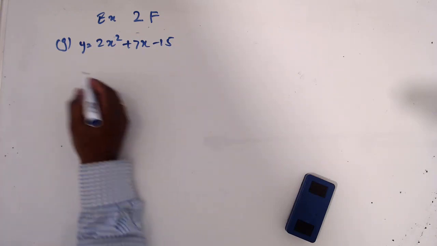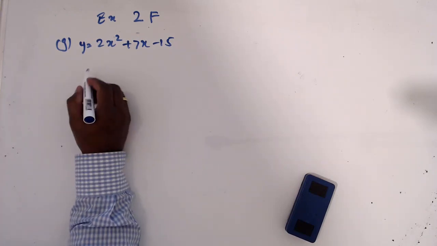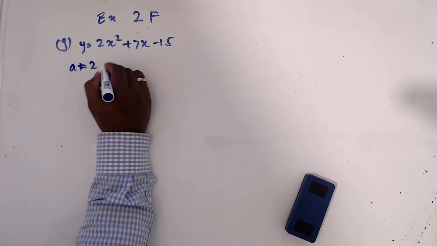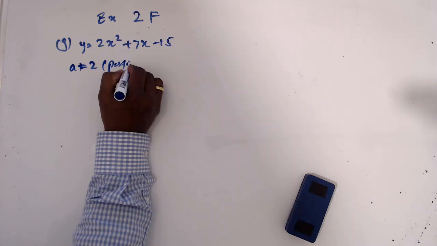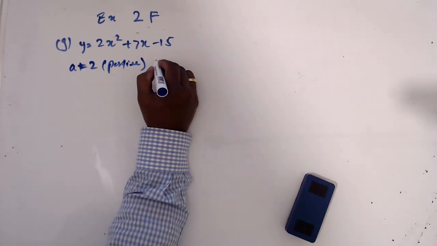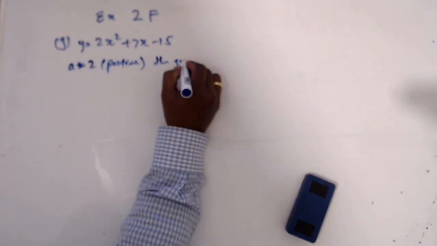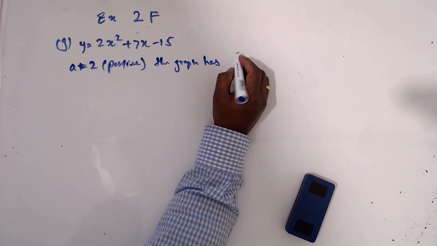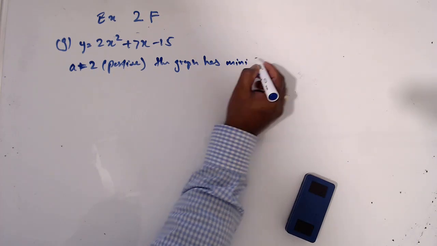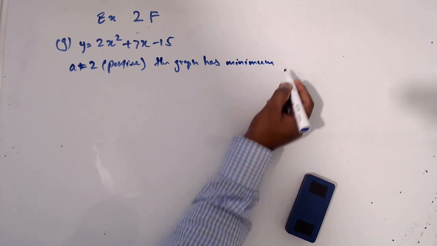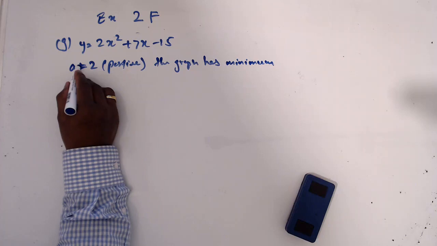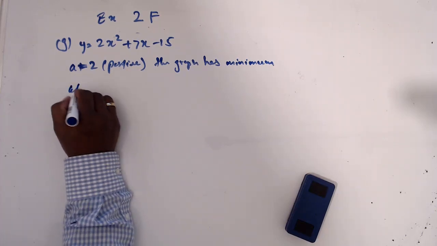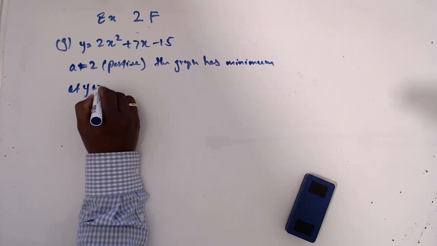Question J. A is positive, sit down, and the graph has a minimum at the y-axis.